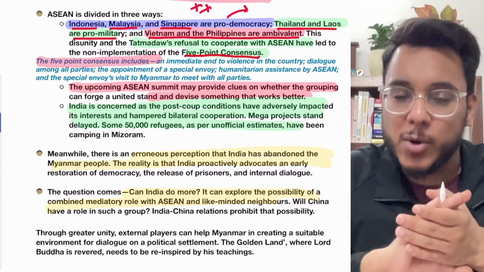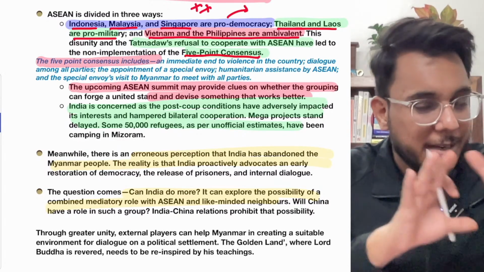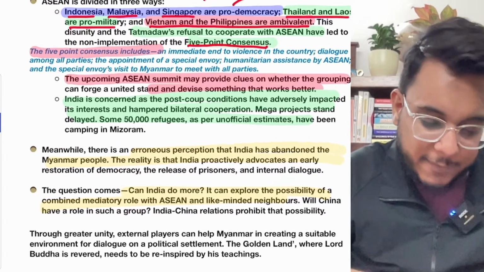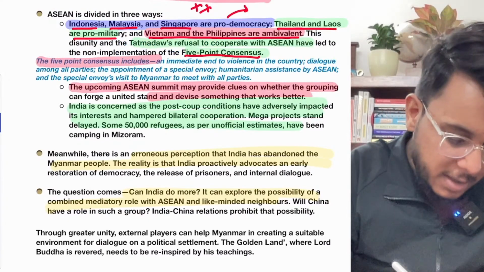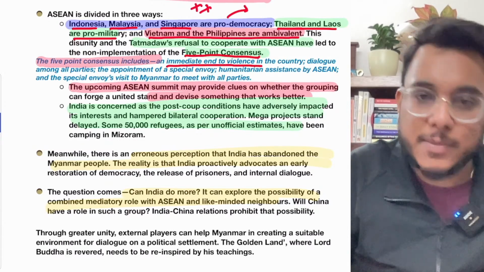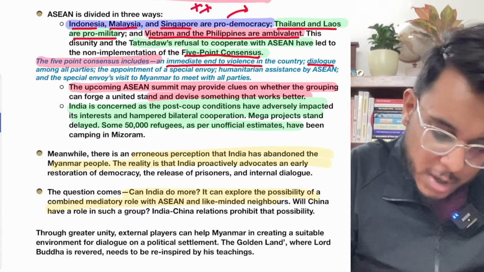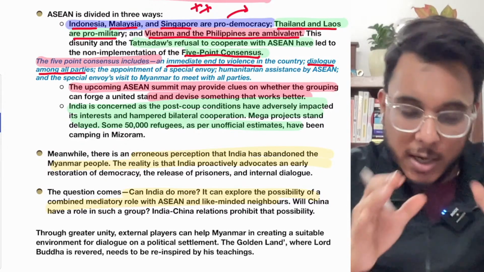Now, what is this 5-point consensus? Let's understand this 5-point consensus first, and then we'll talk about it. See, the 5-point consensus talks about five priorities. Number one, immediate end to the violence. Number two, dialogue among all the parties, that is, the political parties and the military should come and talk.